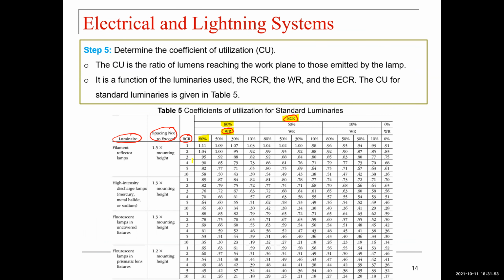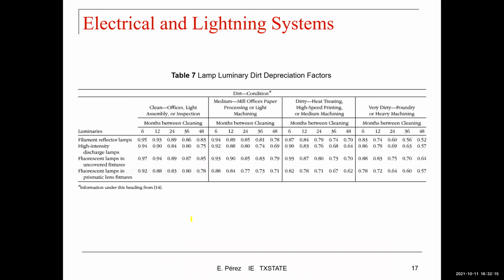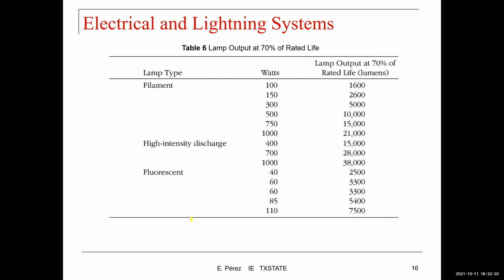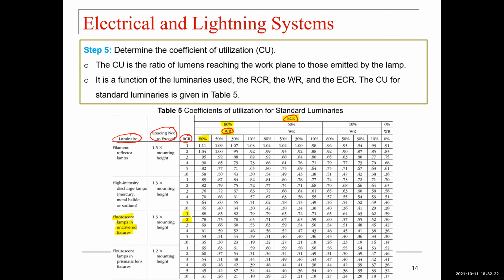So our RCR depends on what type of luminaire we're using. So if we use fluorescent lamps in uncovered fixtures, our RCR is going to be between 1 and 2 because it's 1.75. If I remember correctly. Yes, 1.75. So we know the value will be between 1 and 2.